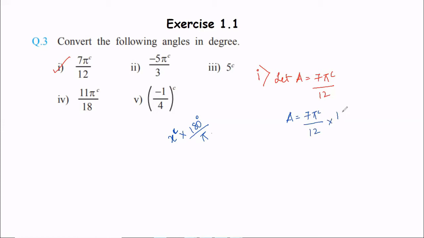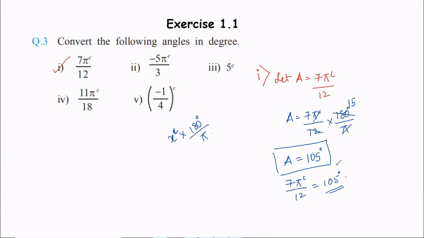You just simply have to multiply with 180 by pi and your angle will be converted to degrees. So pi and pi get cancelled. You're having 7 by 12 and 180. So let's cancel it. If it goes by 12, we will have 15 over here. So 15 into 7, A should be 105 degrees. So the given angle has been converted to degrees. So 7 pi by 12 radian is actually equal to 105 degrees.